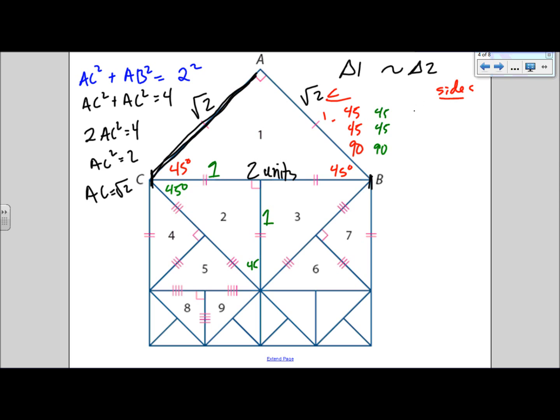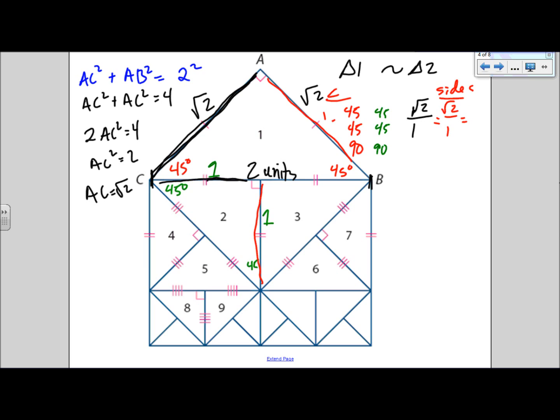So I would say square root 2 is to 2. Now I've got to look at the short leg of this one. Well, let's say it is to this one. Square root 2 is to 1. As, let's go to the other leg, square root 2 is to another short leg, maybe medium leg in isosceles, it's kind of nice. Square root of 2 is to 1.